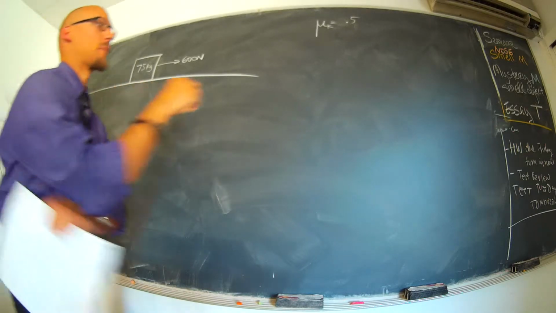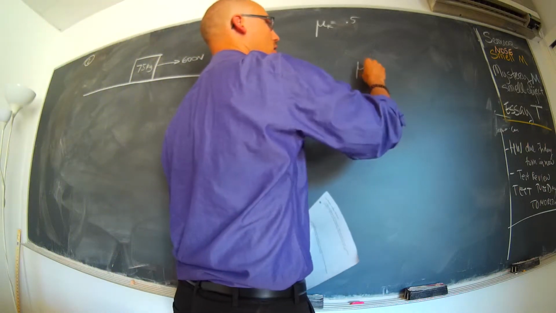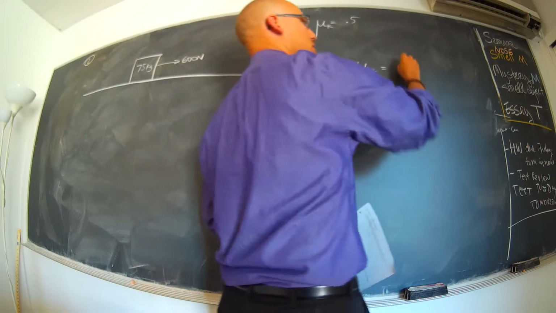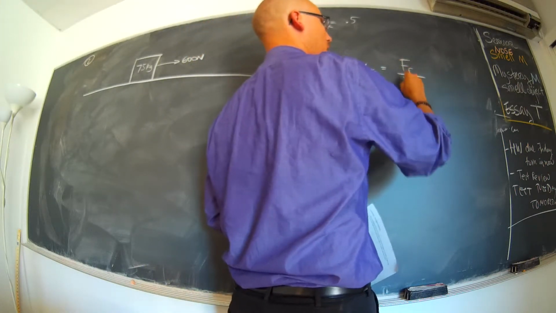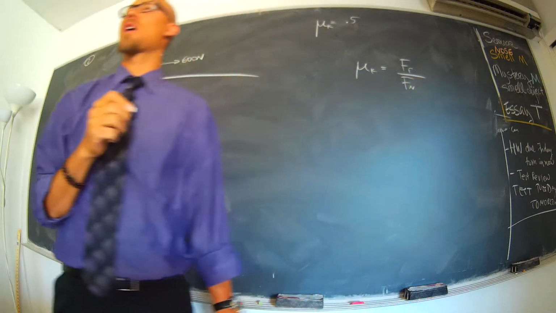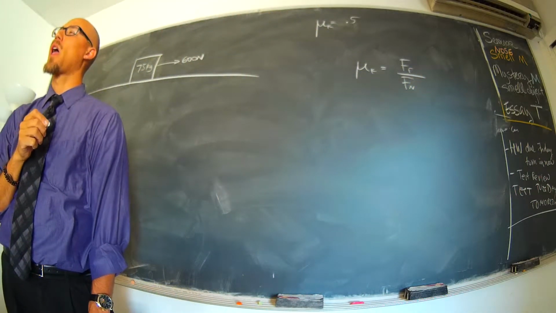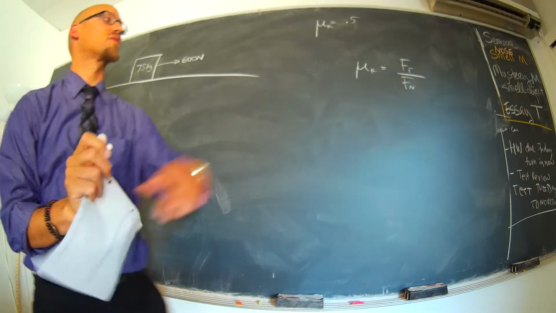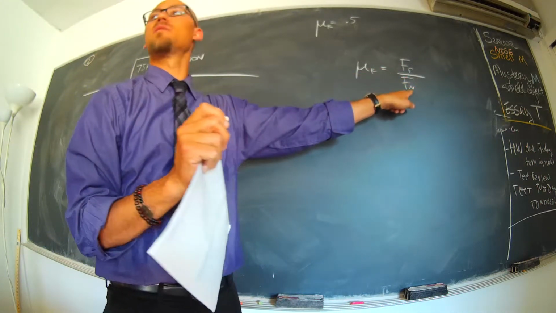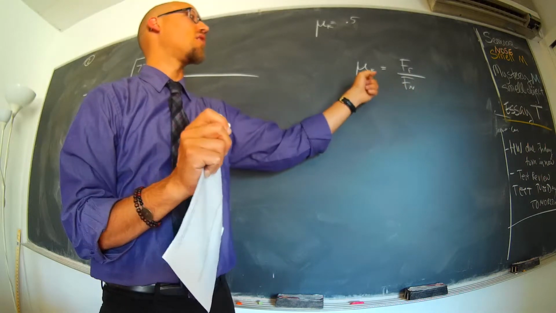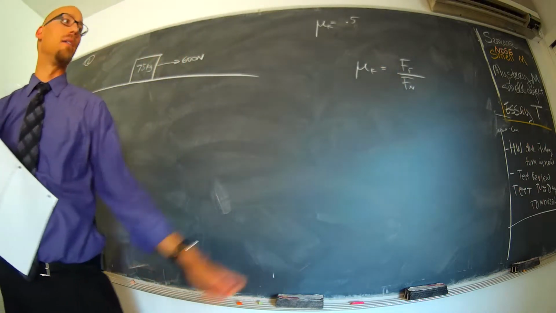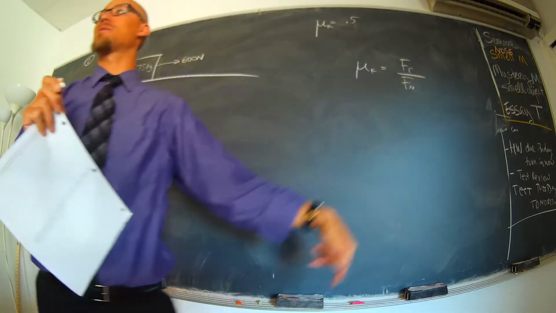The coefficient is the force of friction divided by the normal force. Yeah, that's right. The force of friction is going to be less than the normal force, and this coefficient is going to be less than 1, and newtons divided by newtons cancels.